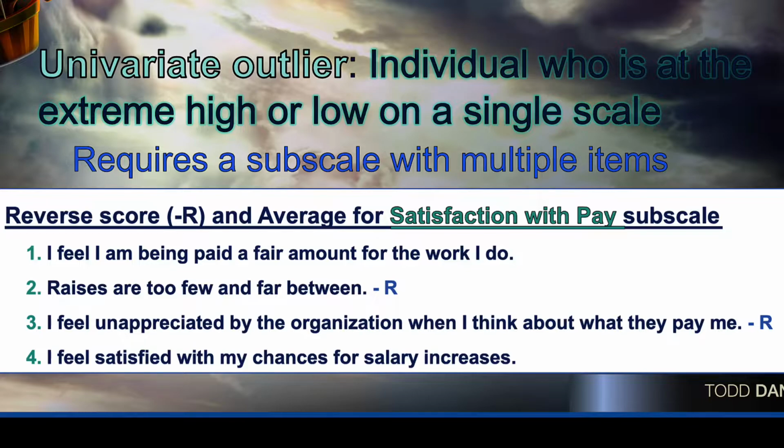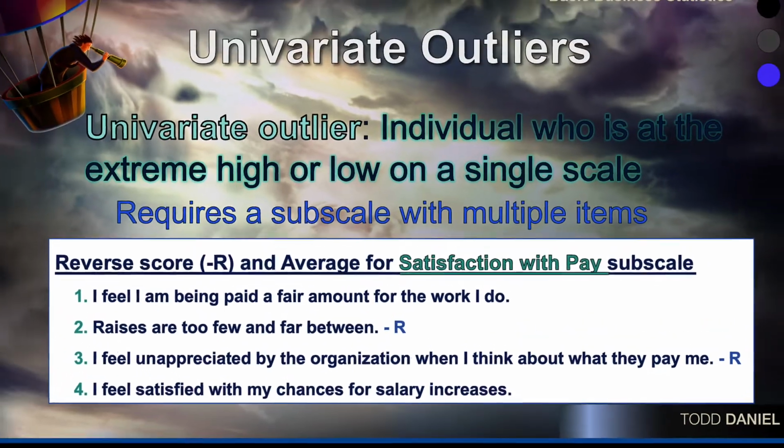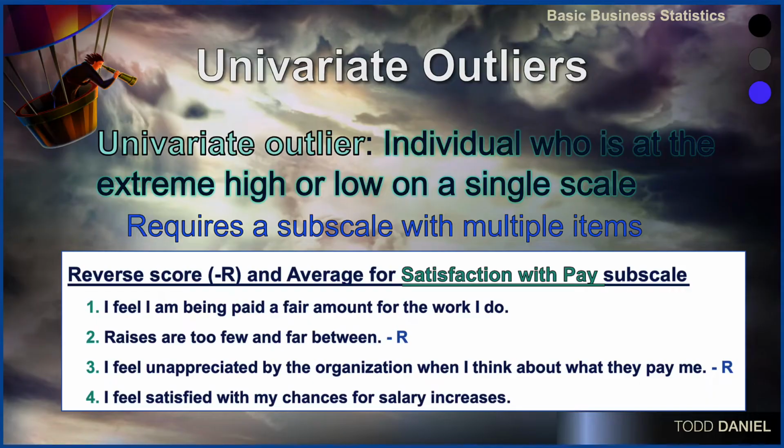The third question, I feel unappreciated by the organization when I think about what they pay me. Again, that would be reverse scored. And the fourth question, I feel satisfied with my chances for salary increases. We would take each individual score on these 4 items, add them up, divide by 4 to get a score for that individual. Let's look at what might happen.